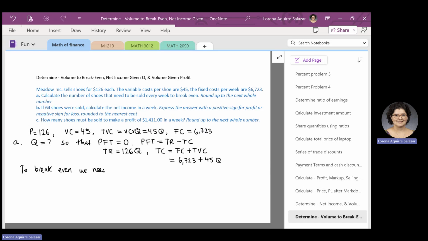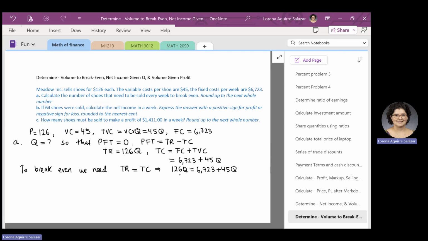So we need total revenue to match the total costs. So we're forcing 126Q to be equal to 6,723 plus 45Q. And we need to find Q. We need to solve for Q. The Q we find is the number of shoes that need to be sold every week to break even.